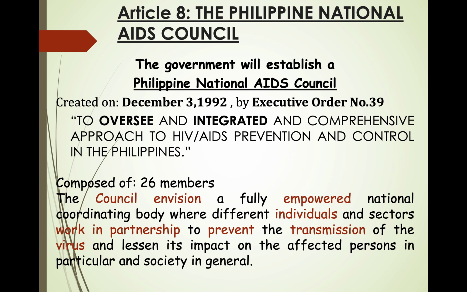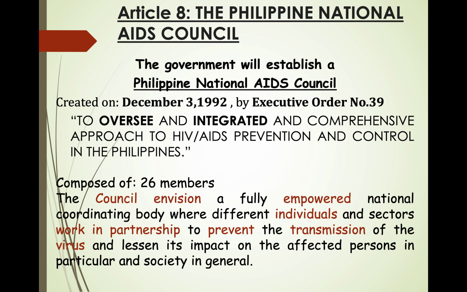It was actually created on December 3, 1992 by Executive Order number 39. So as you can see, it was actually December 1992. It was actually around that time when Dolzura Cortez, the first female Filipino infected with HIV, went into the public to share her story.